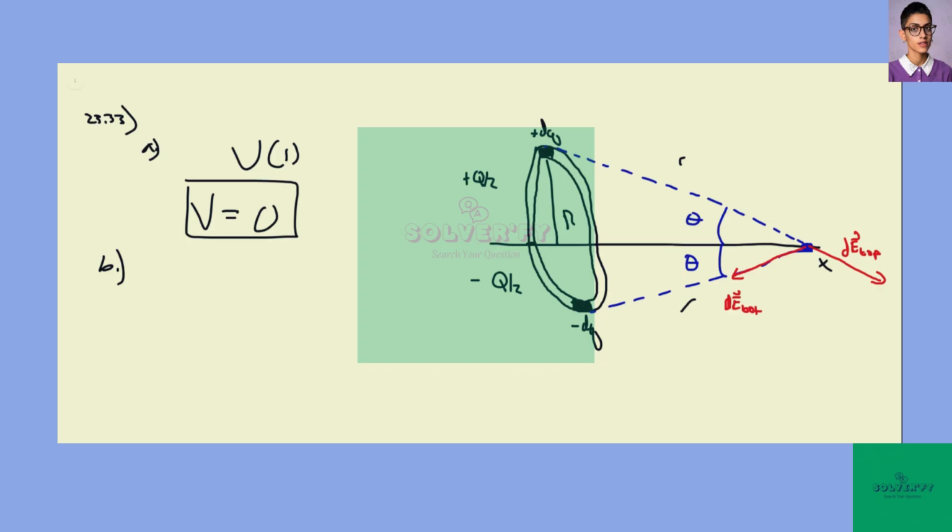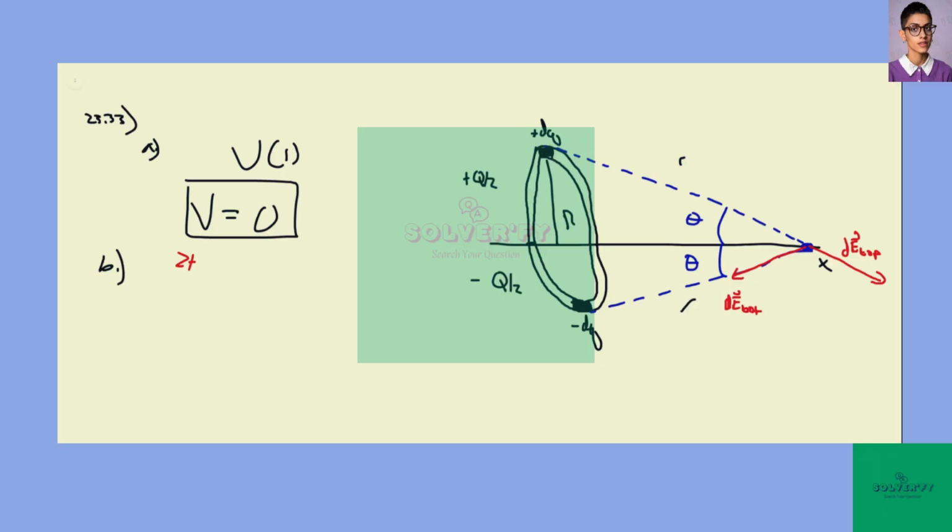Okay, so if we look at these red vectors we drew, we have dE bottom, which is along the line towards the bottom component of the ring, and dE top pointing along the line towards the top component.